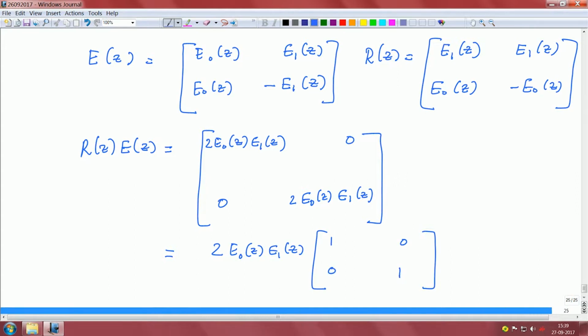Okay, so why do we need to do this algebra here? Well, we want ideally R of z to be an identity matrix, which we may not get, or it is too restrictive.